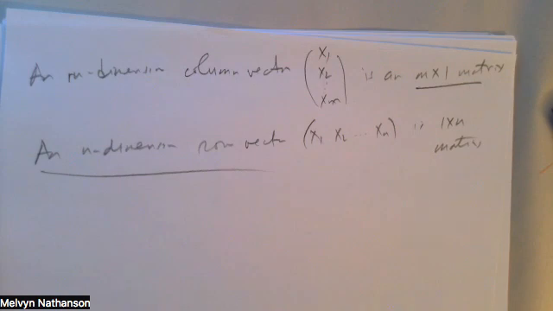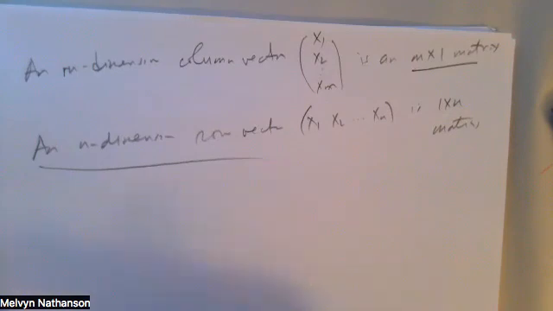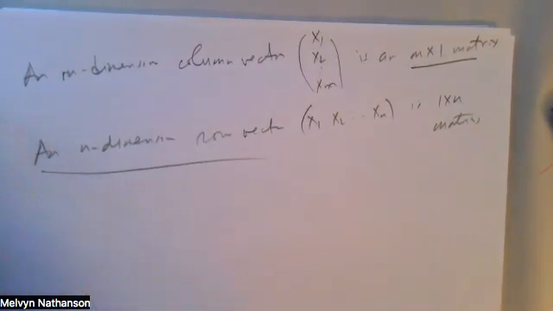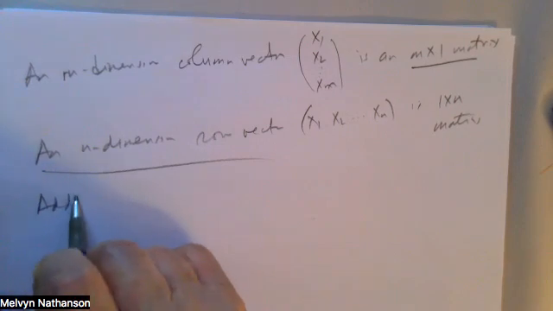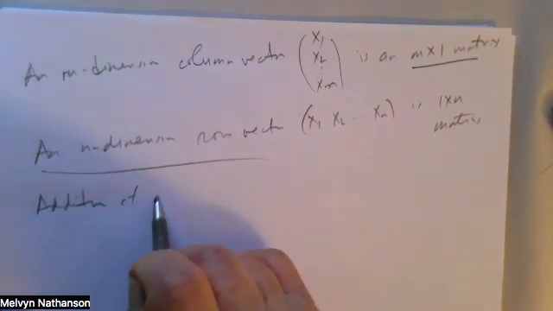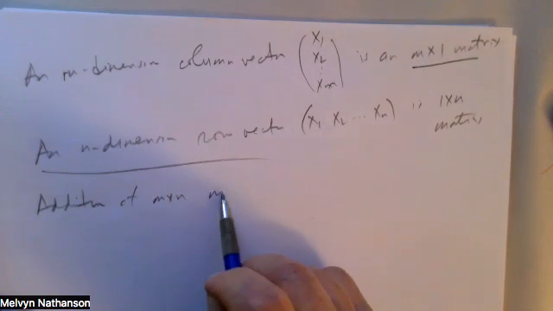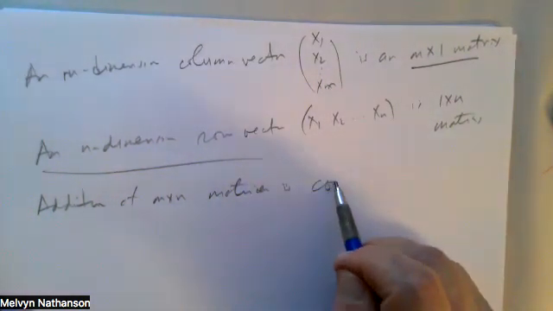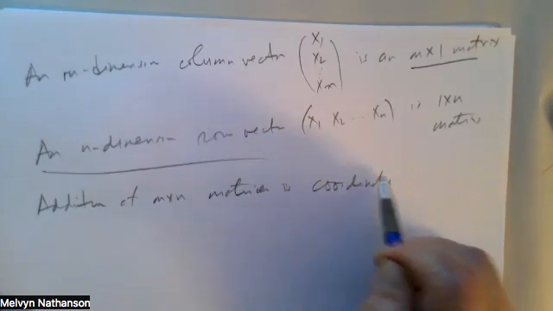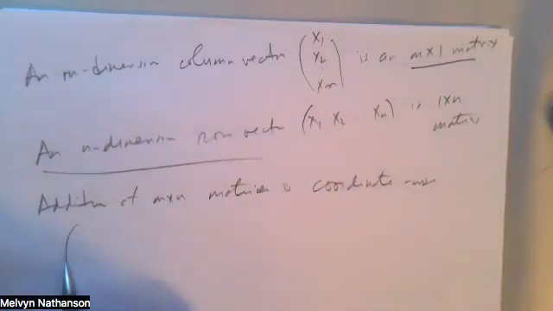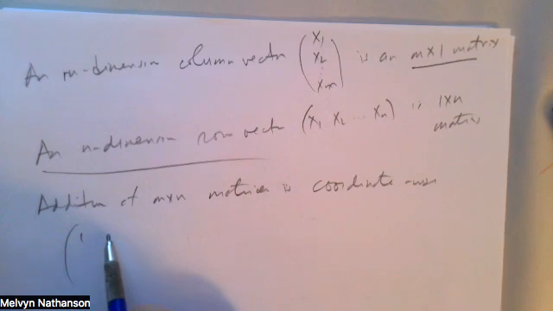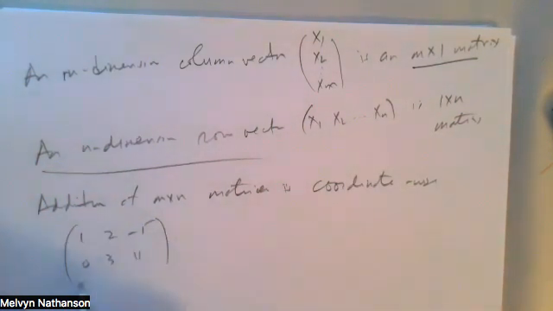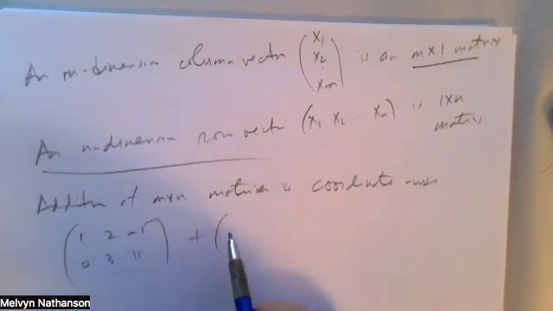Now, there's an algebra of matrices of the same shape. So addition of m by n matrices is coordinate-wise. Let me just give an example. If I have the matrix 1, 2, minus 5, 0, 3, 11, that's a 2 by 3 matrix.